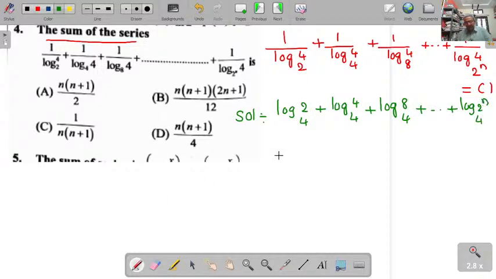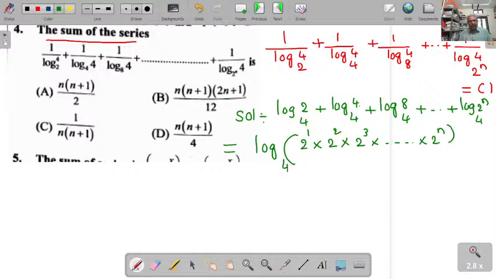As the bases are the same, it can be expressed as a single logarithm, that is log of 2 into 4, which we can write as 2 square, this is 2 power 1, into 8 which is 2 cube, and so on, into 2 raised to n, to the base 4.